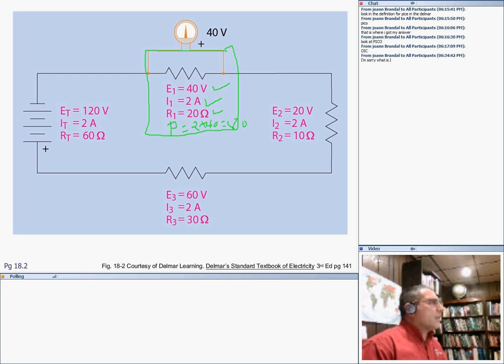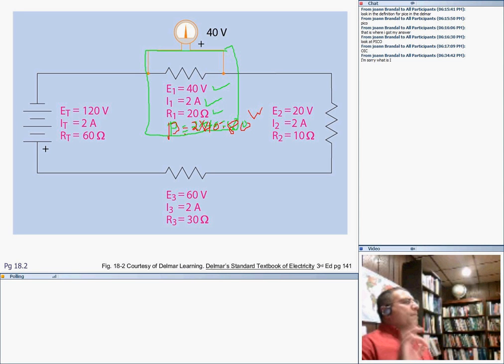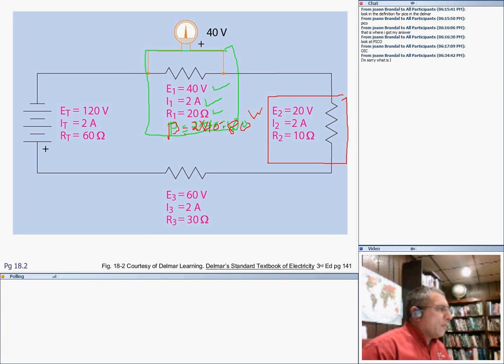So the power here equals 2 amps times 40. It doesn't take a genius to tell you that 2 times 40 is 80 watts. Every resistor has 4 quantities. Let's go with this one. This also has a voltage, a current, a resistance, and a power.